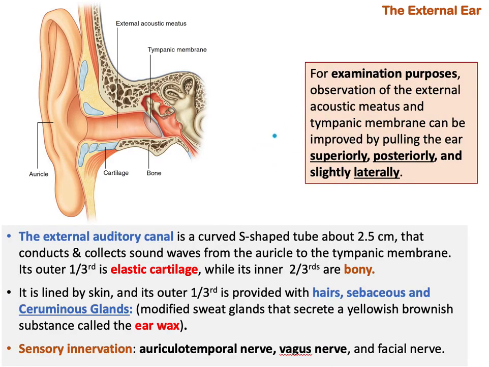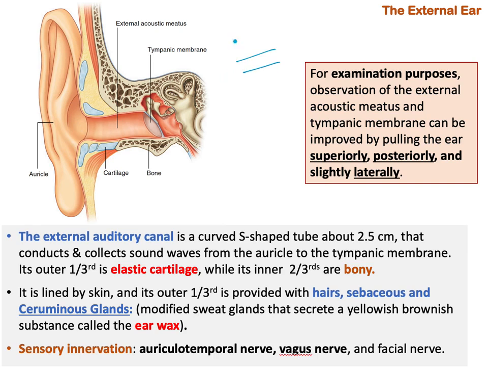Now, when you talk about the external ear, it's not just the auricle; it is composed of the auricle and the external acoustic meatus, or external auditory meatus, or canal. The external acoustic meatus is not straight as you see here in this figure.